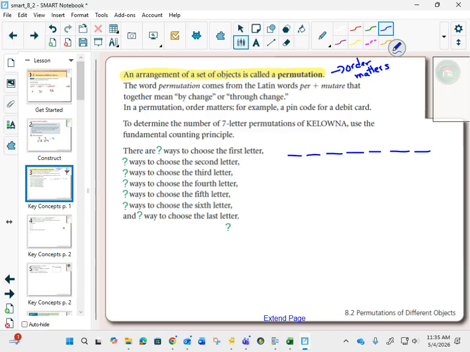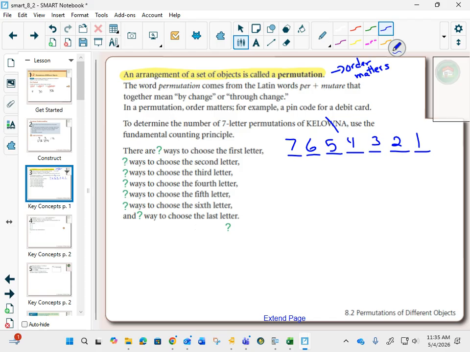How many choices would that be? 7. But let's say you picked a W for the first one. Then when you go to the second letter, you don't have 7 letters left anymore because you used up 1. How many choices do you have left? 6, then 5, then 4, then 3, then 2, then 1.